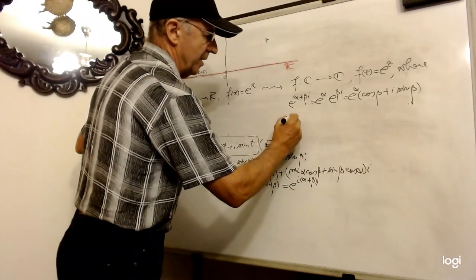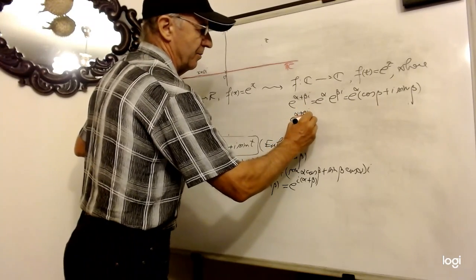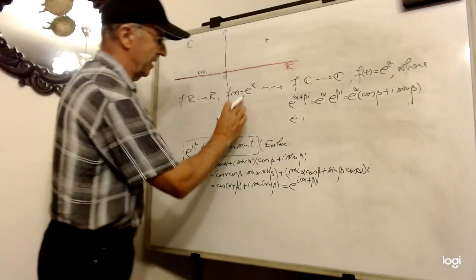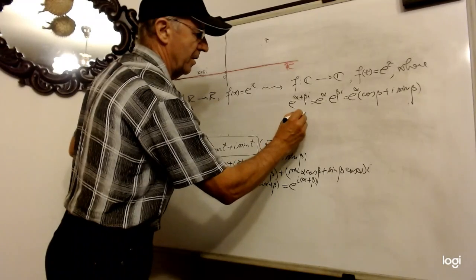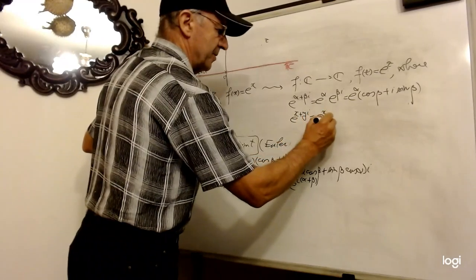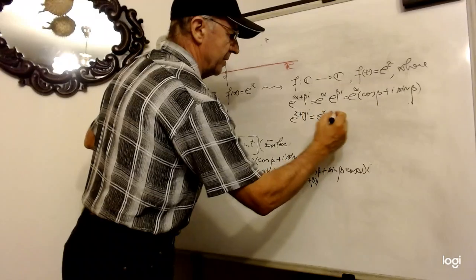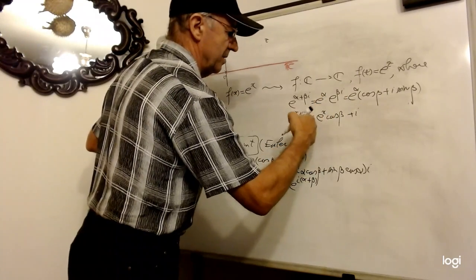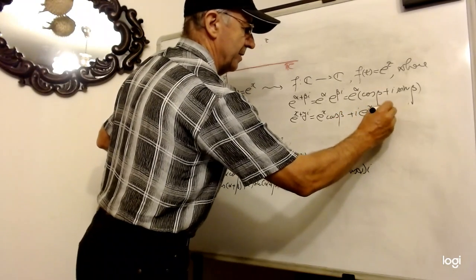That is, using the notation x plus y i, exponential of x plus yi will be exponential of x times cosine of y, plus i exponential of x times sine of y.